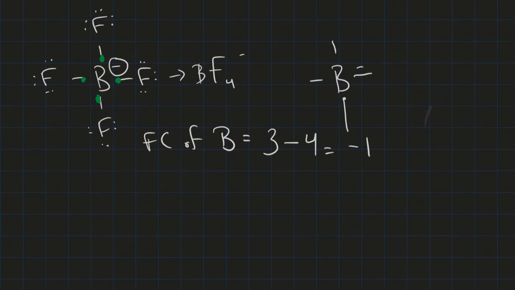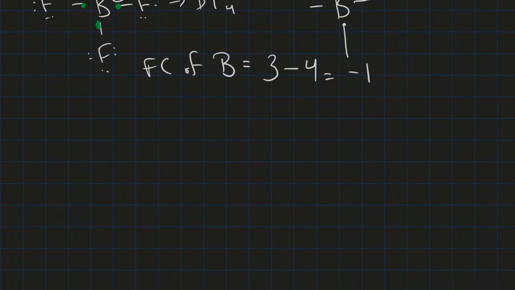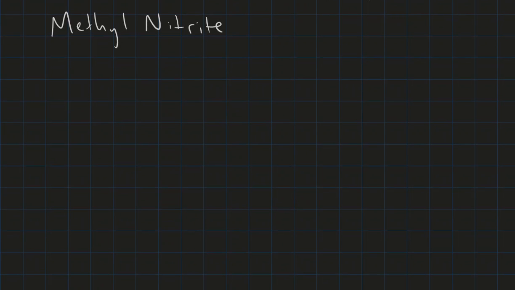So let's go ahead and talk about a more complicated example. And that's going to be methyl nitrite. I'm going to write that out for us here, methyl nitrite. And methyl nitrite is organized like this. Now, I haven't filled in all of our electrons yet. So let's use our common bonding patterns to figure out how we want to do that.